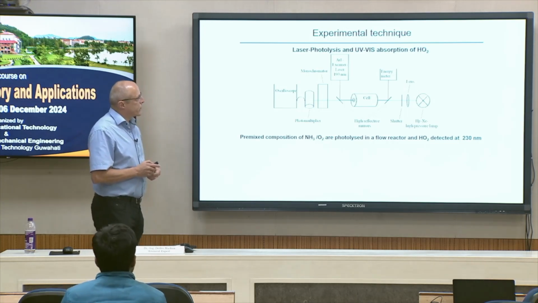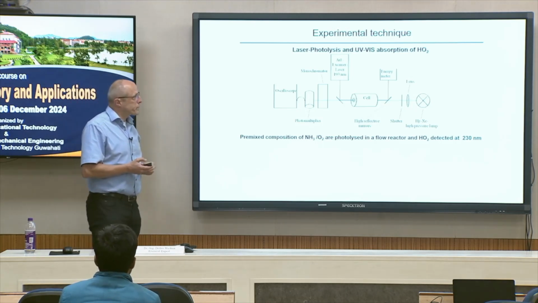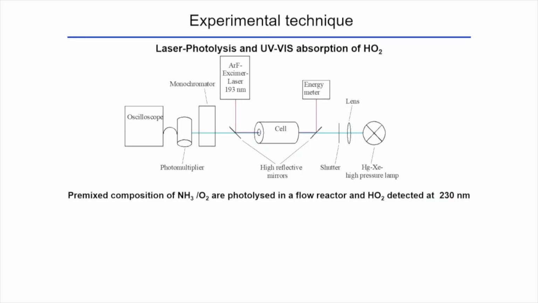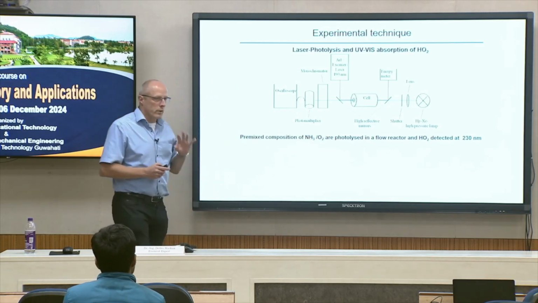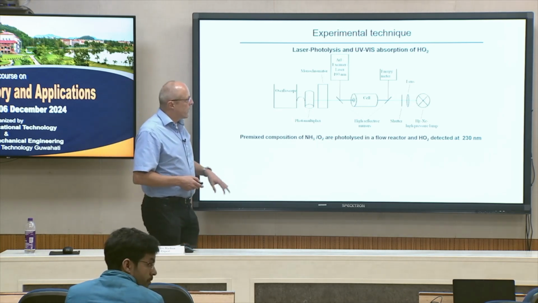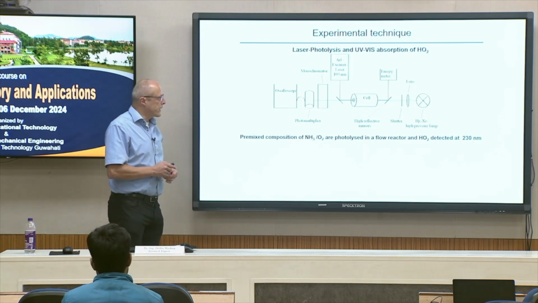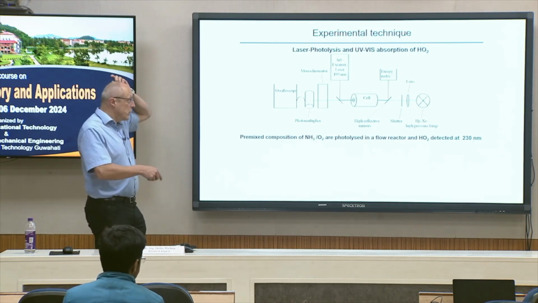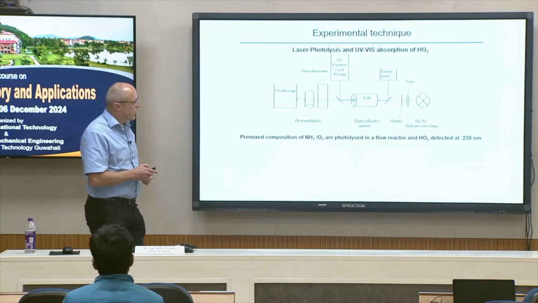So how can we do this? For example, we can use a specific laser setup. We have NH3 plus O2, and we use a laser to initiate the reaction, and we form some HO2, which then can be detected. Here we detect the absorption.